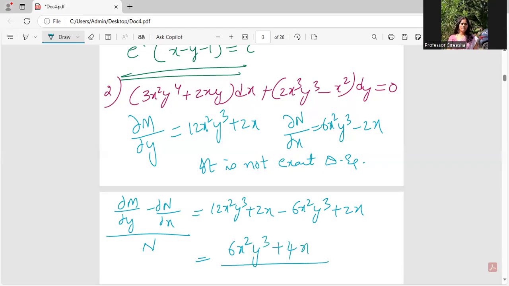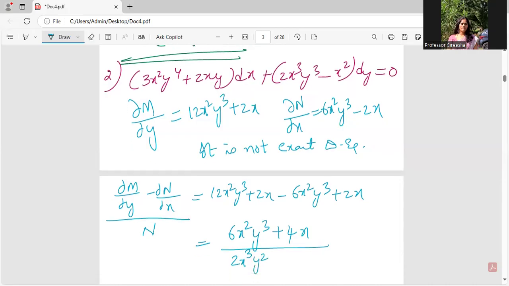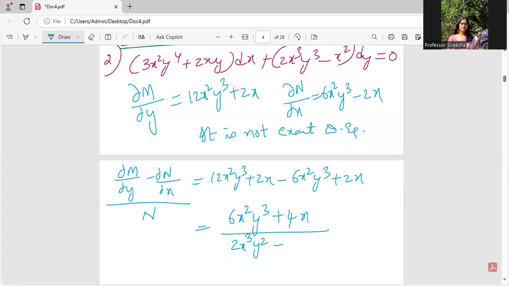Let's see what N is. N is 2x³y², minus x², is what I have. I hope I have not made any mistake, right?